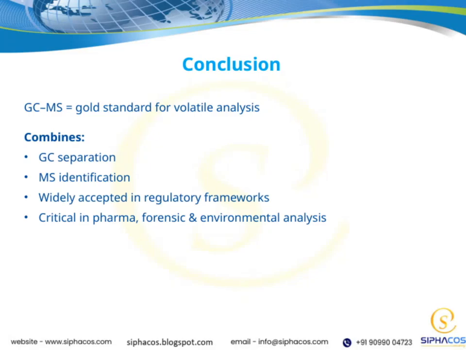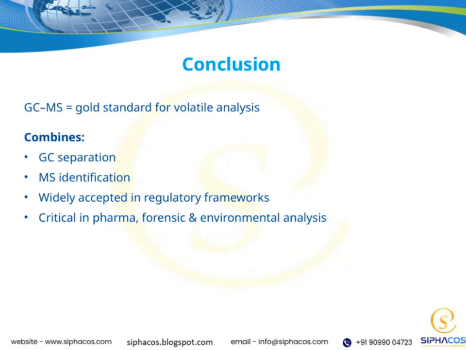When it comes to volatile analysis, GC-MS really is considered the gold standard. What makes it so powerful is that it combines two essential processes: the separation capabilities of gas chromatography, and the identification strength of mass spectrometry. This combination allows us to accurately detect and identify volatile compounds with high confidence.